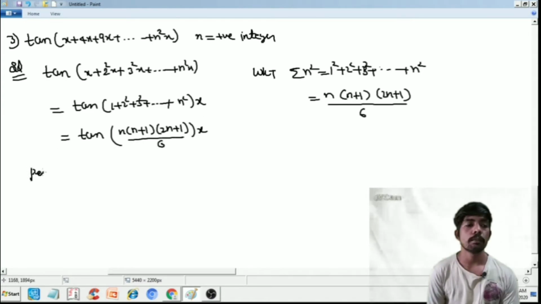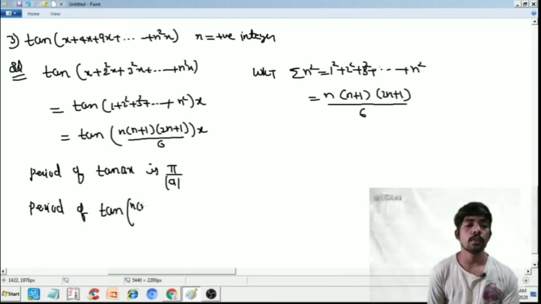Then the period of tan ax is pi by modulus a. Similarly, the period of tan of n into n plus 1 into 2n plus 1 by 6 into x is equal to pi by modulus a, where a is n into n plus 1 into 2n plus 1 by 6.